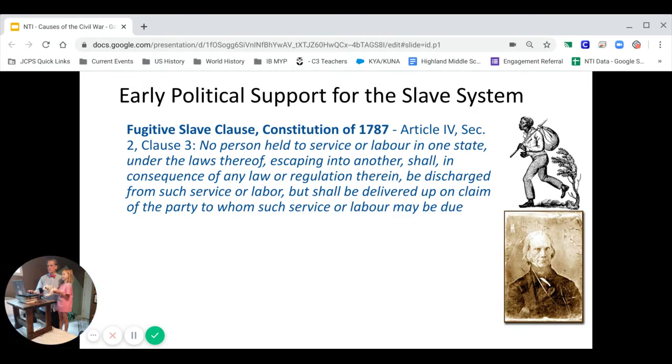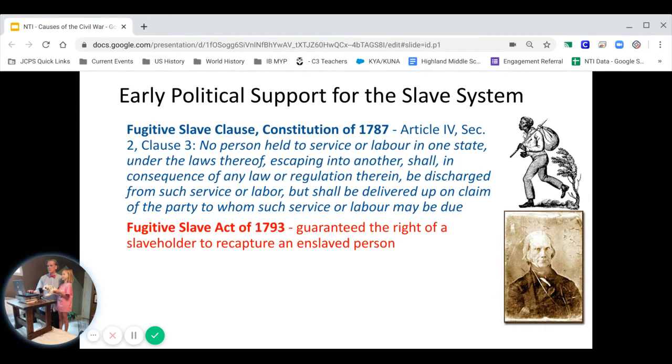In the Constitution of 1787, the one our current Constitution, Article 4, Section 2, Clause 3 says, no person held to service or labor in one state, and that means someone who's enslaved, under the laws thereof, escaping into another, shall in consequence of any law or regulation therein be discharged from such service or labor, but shall be delivered up on claim of the party to whom such service or labor may be due. Which means if someone were to escape the institution of slavery, they would have to be returned to the master.